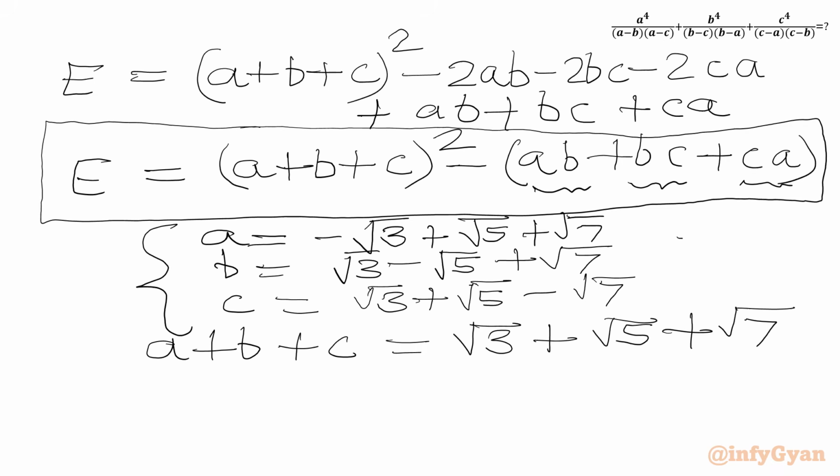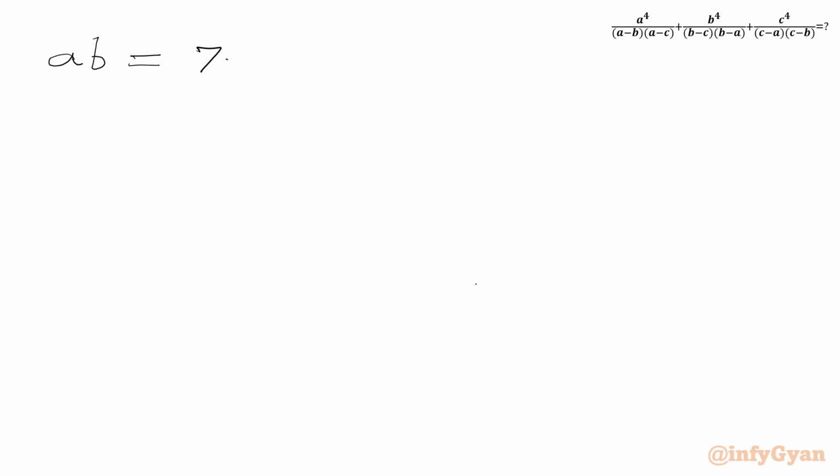Now our target expressions would be AB, BC and CA. So we will find AB, BC and CA. So I will write here A times B. So I can write the A value: square root 7 minus square root 5 minus square root 3.